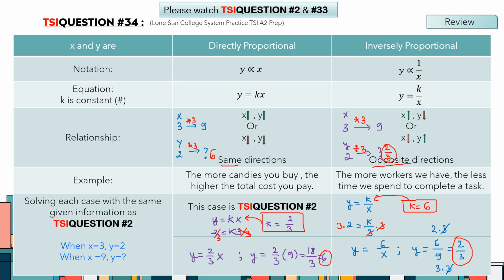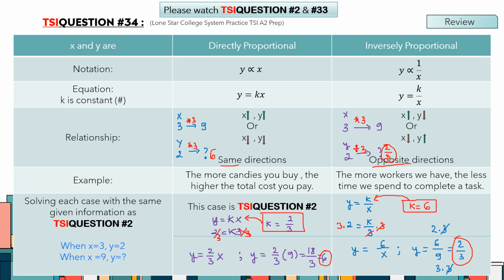So for this type of question about directly proportional or inversely proportional, make sure you understand that directly proportional means x and y will increase or decrease by the same factor. For inversely proportional, when x is increasing, y will be decreasing.